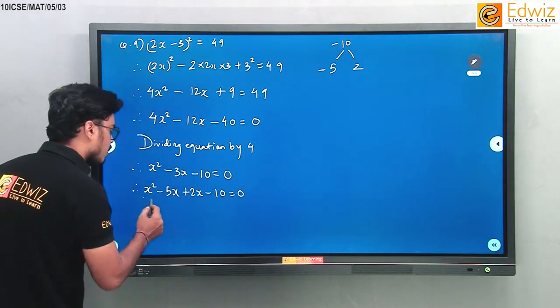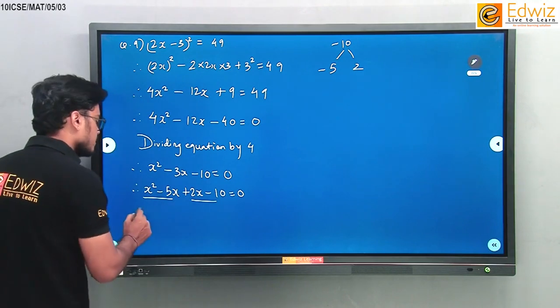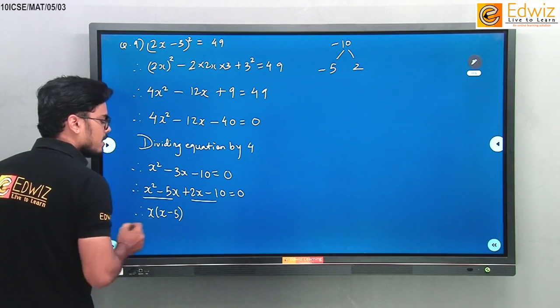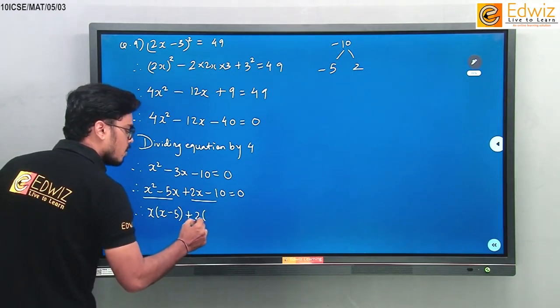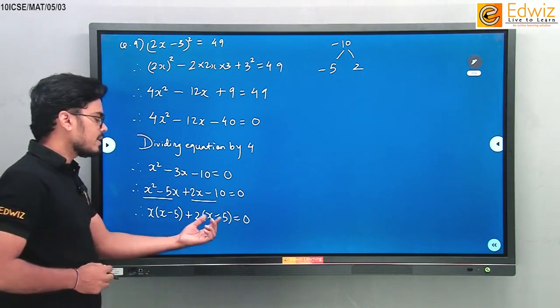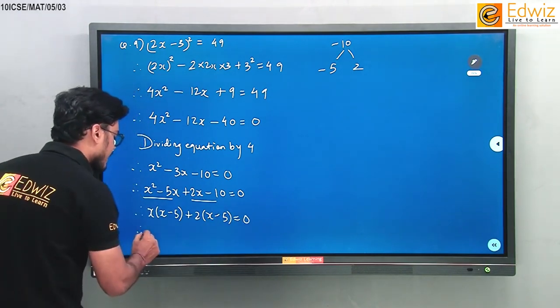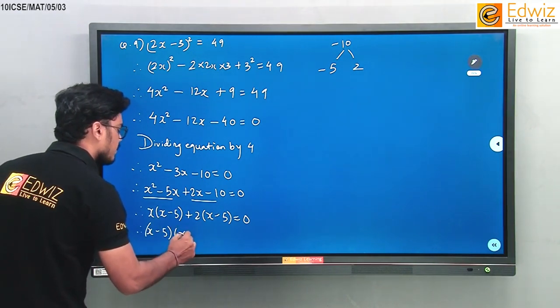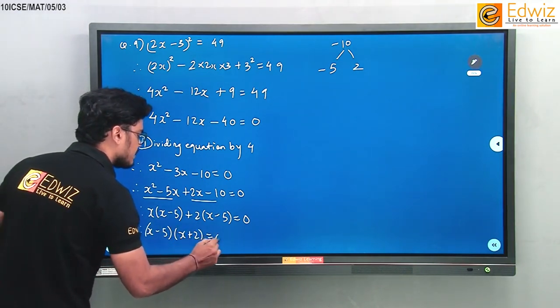If we take common from these two and these two terms, here you will get x common, so x minus 5. Here you can take 2 common, so again x minus 5. Now take this entire bracket outside. x minus 5 in one bracket, the other bracket is x plus 2 equal to 0.